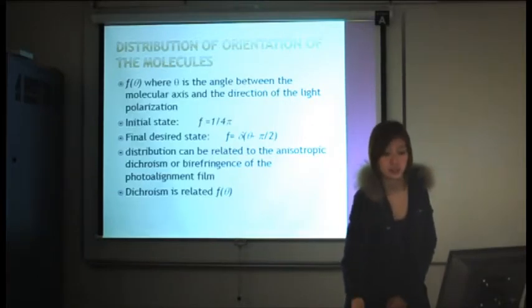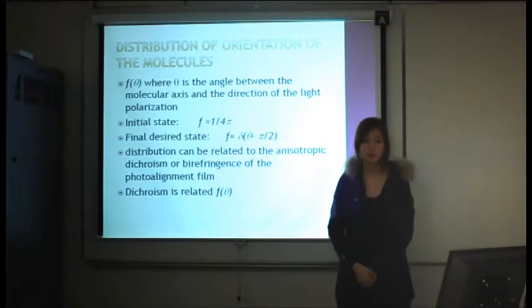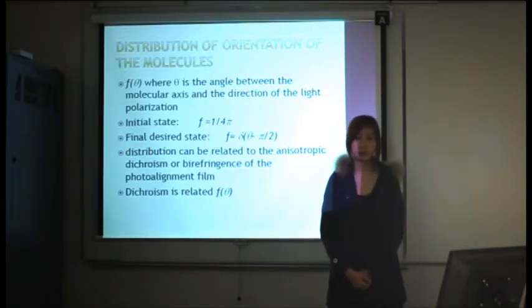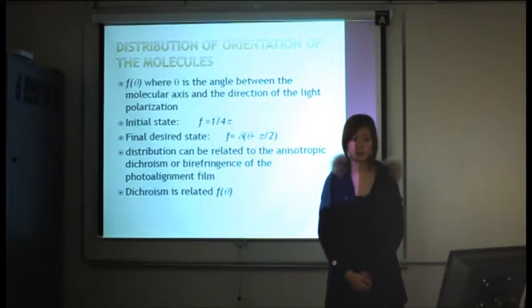We can see that they have different structures, and the F filter will be used to measure the distribution of orientation of the molecules, where theta is the angle between the molecular axis and the direction of the light polarization.